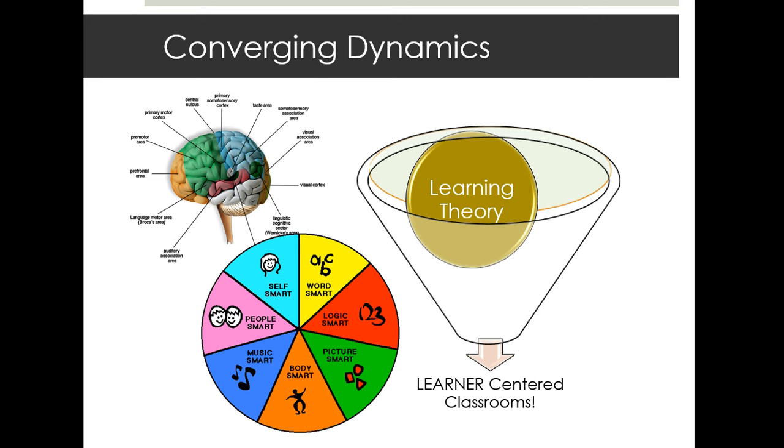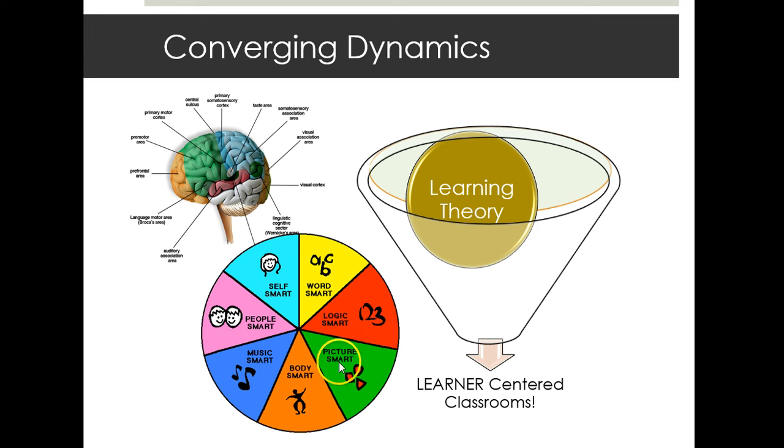So what happens is something called converging dynamics. It's the whole learning theory. And we tend to look at the brain theory here. And if you can see, all the different areas of your brain all mean different things. So if I break it out, in this light blue area is more about being self-smart. And the orange area might be about being body smart.